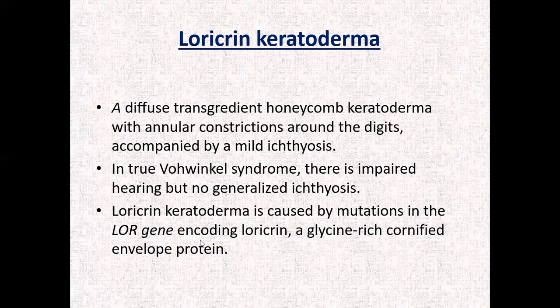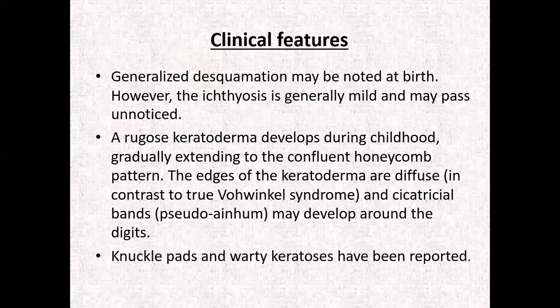It is because of mutation in the LOR gene encoding for loricrin, which is a glycine-rich cornified envelope protein. The clinical features include generalized desquamation, which is noted at birth. However, the ichthyosis is mild and may pass unnoticed. The rugose keratodermas develop during childhood, gradually forming a confluent honeycomb pattern.